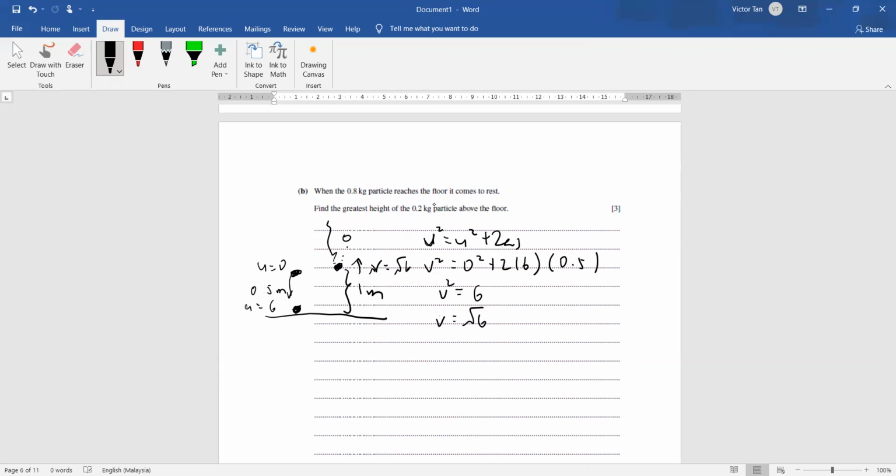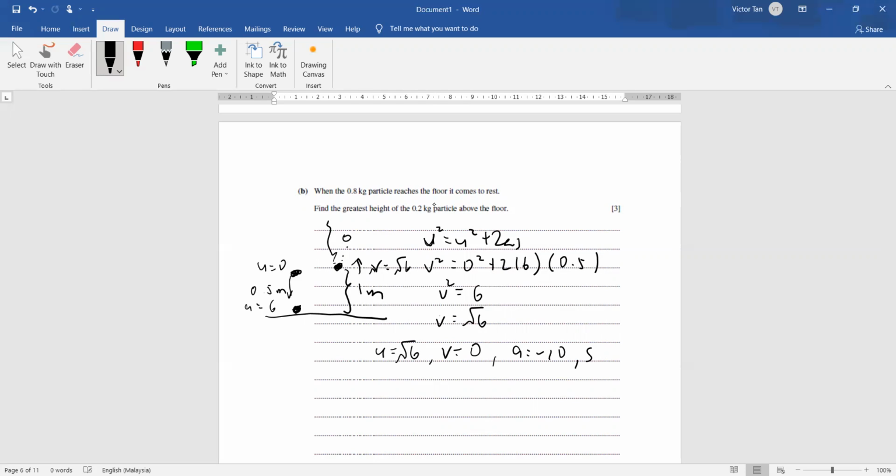So the question is, how high does it move? How much more? Over here, the initial speed is square root of 6. When it reaches the highest point, the final speed is 0. It is moving against gravity, so A is minus 10.